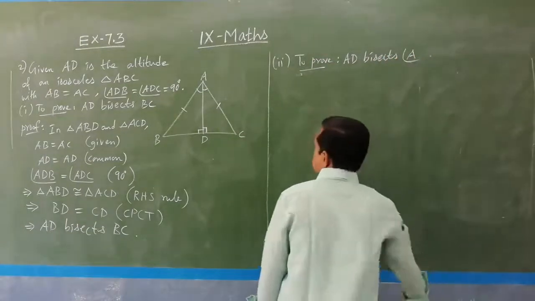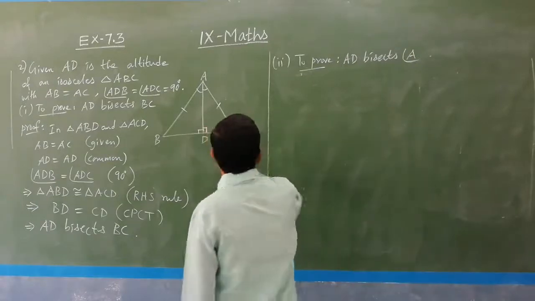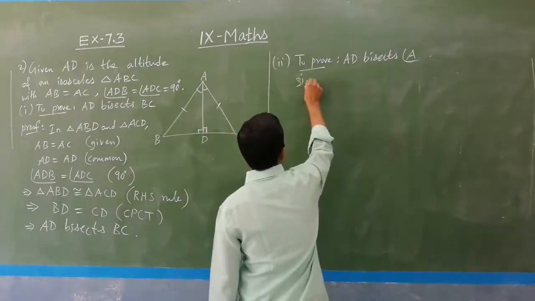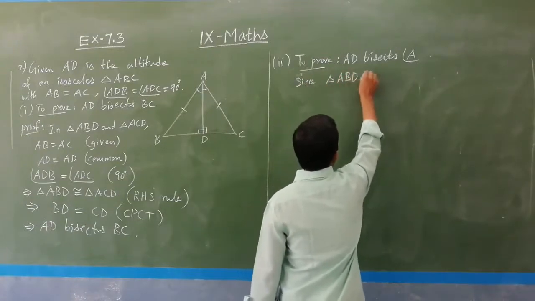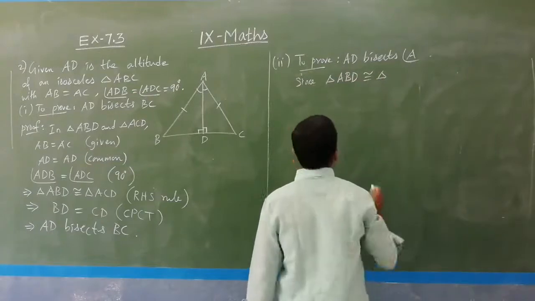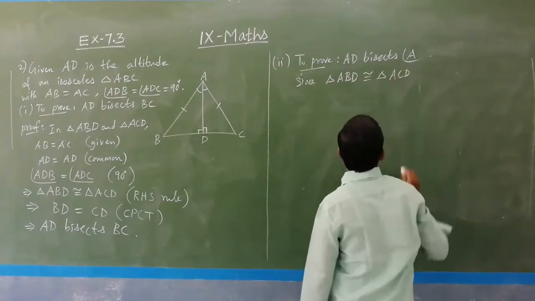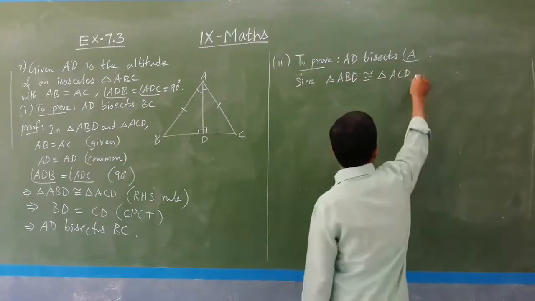How to prove that? You see, since these two triangles are congruent, triangle ABD congruent to triangle ACD, what can you take?